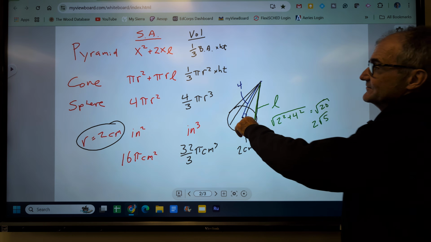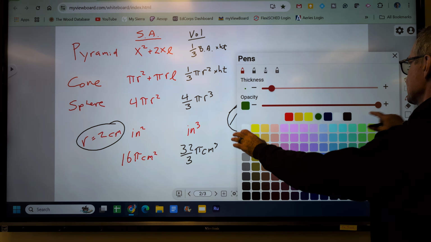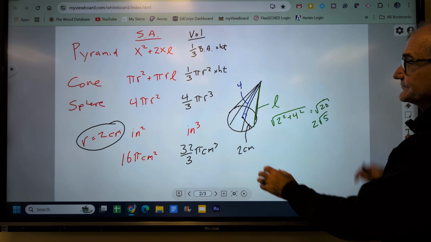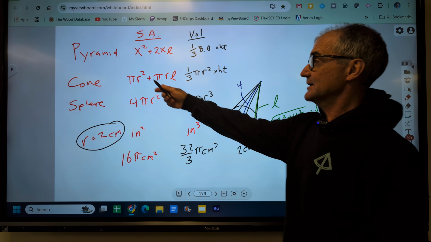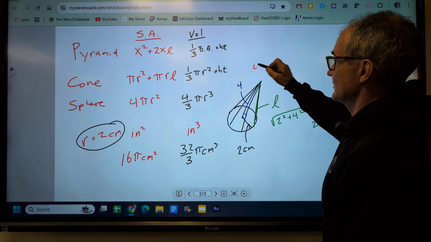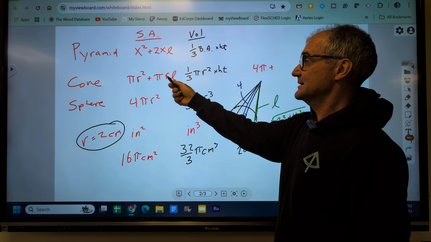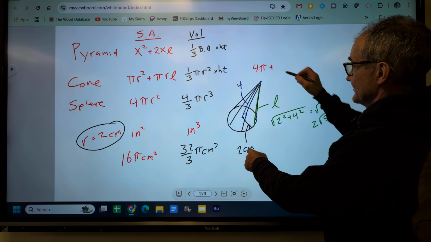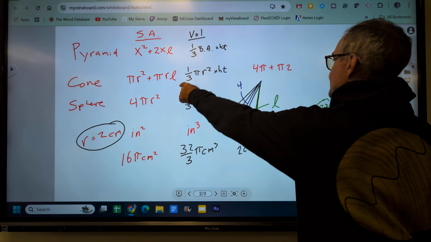Okay, so let's go ahead and find the surface area first of that cone. Let's stay with red here. So pi r squared. So I have 2, I plug it in there. 2 times itself, 4. So I'm going to have 4 pi plus pi times radius of 2 times slant height.